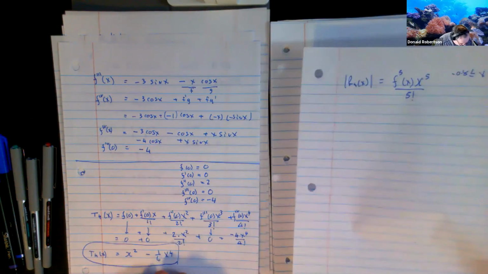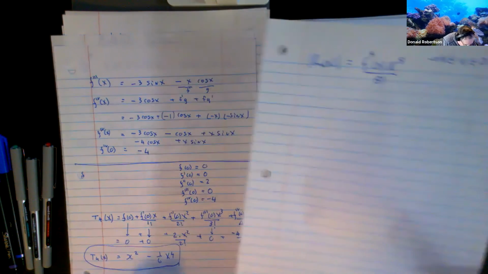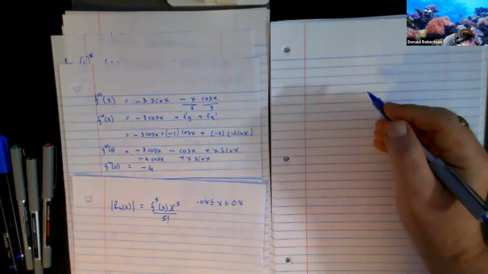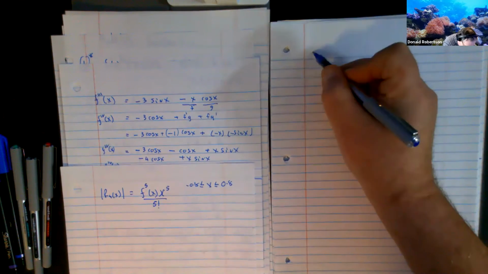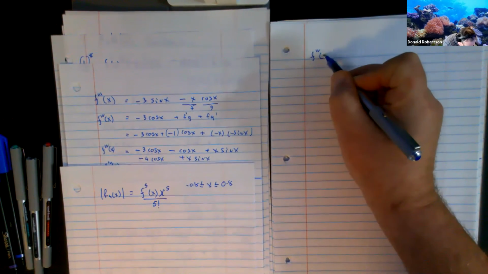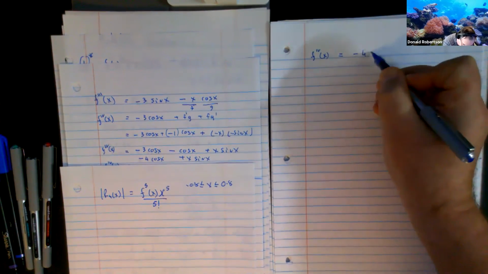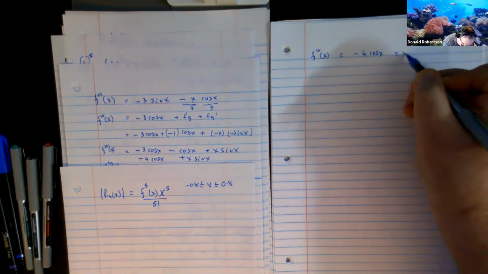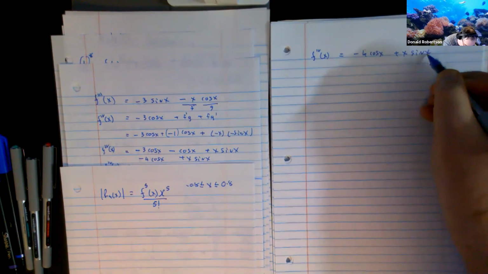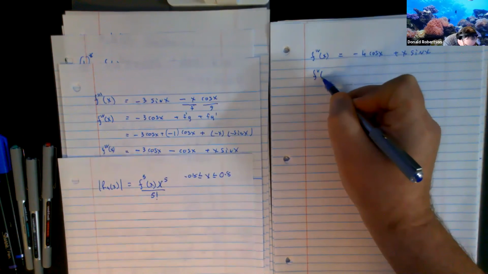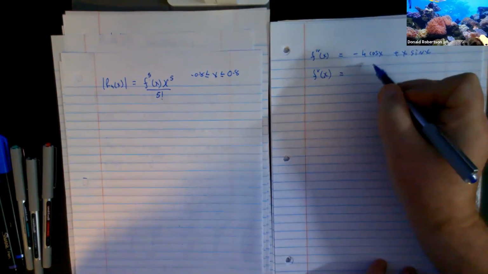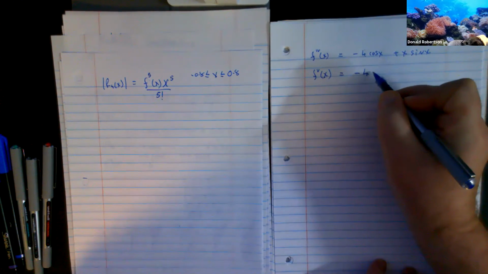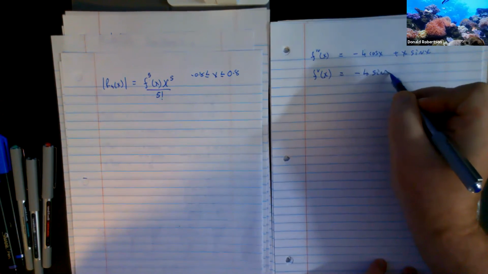So I'm going to have to take the fourth derivative, which is this guy, and I'm going to have to find out what the fifth derivative is. Okay. Well, that guy there is going to get you -4. You're going to get a sin x. 2 negatives make it a plus.